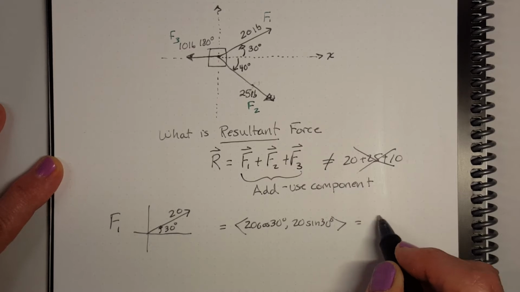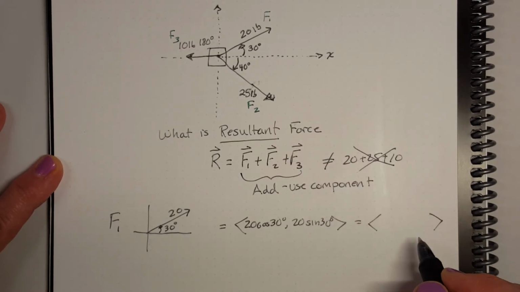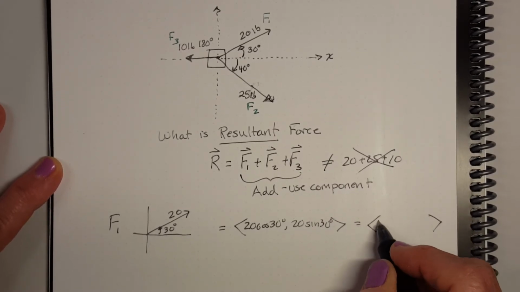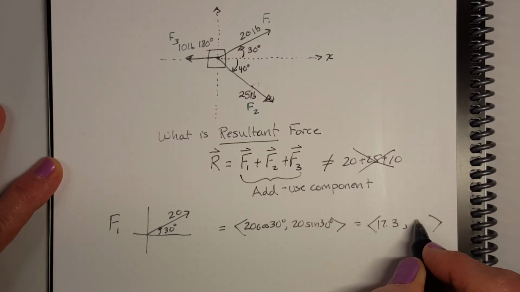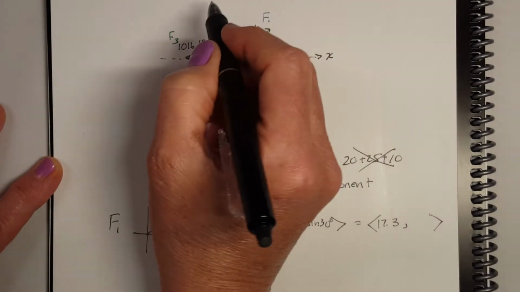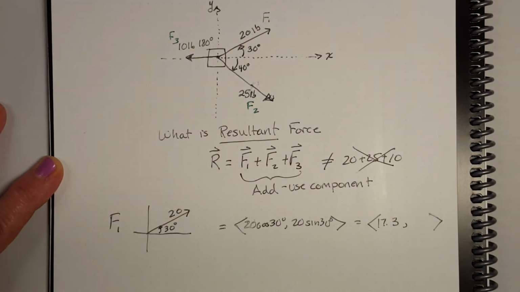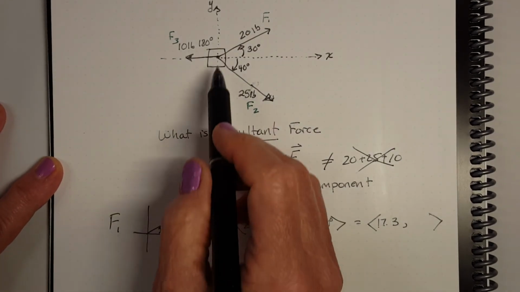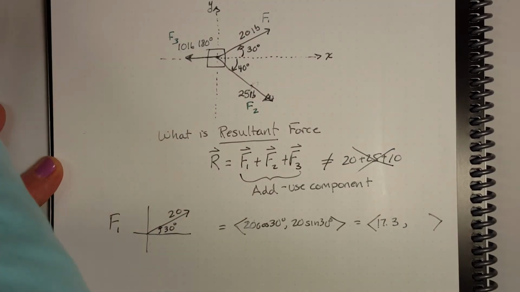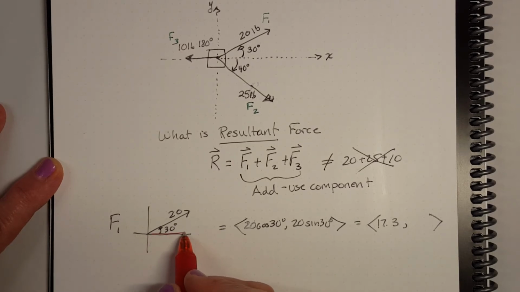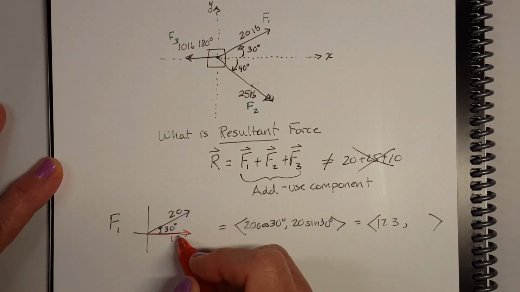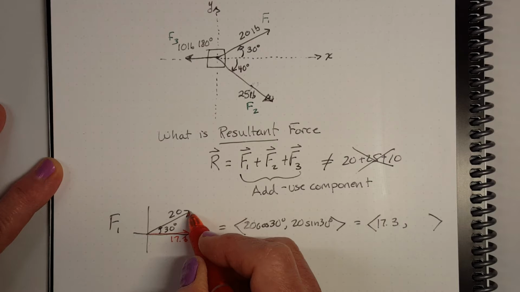And so the component form of F1, if you do that in your calculator, is going to be 17.3 in the x direction, that's this one, and the y direction is 10.